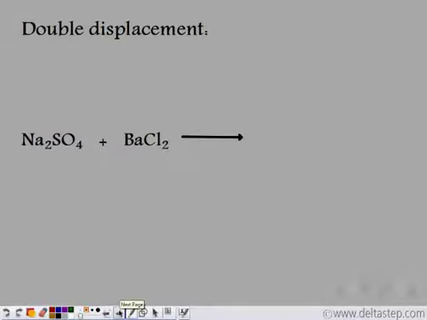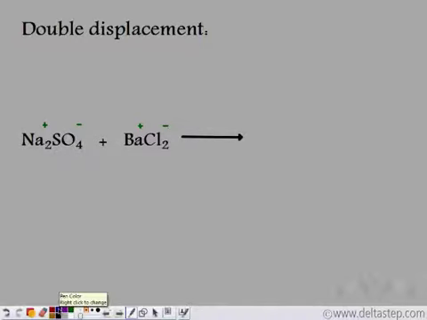Now, we can also prepare salts by double displacement reaction. How does double displacement take place? We have Na2SO4. In Na2SO4, Na is positive, SO4 is negative. In BaCl2, Ba is positive, chlorine is negative. So what are the products?